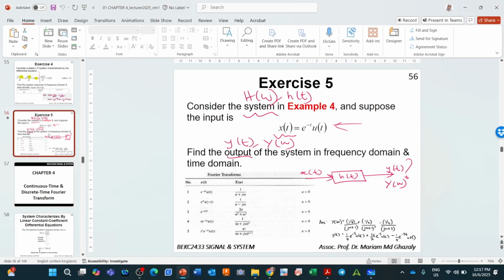Next exercise. Maybe this one you try to do on your own at home, but let's look at what they ask. In this question, consider the system from the previous exercise, which is the one that we just did. The system is given by h(t).